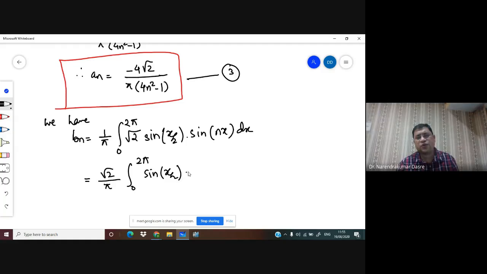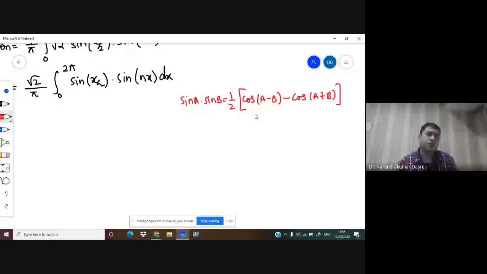into sine nx. Now we know the formula. This is the formula: sine A sine B is equal to half of cos of (A minus B) minus cos of (A plus B).